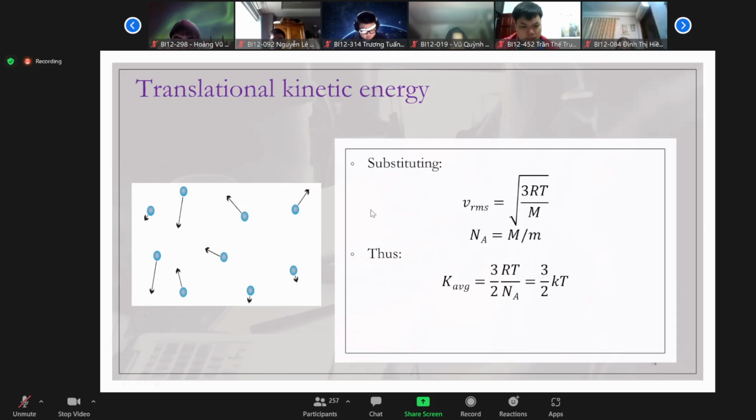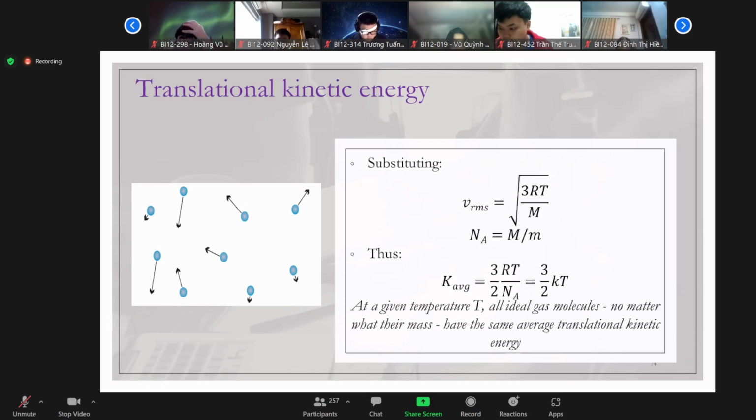We can express the translational kinetic energy like this one. Remember, this ratio R over NA is actually the Boltzmann constant. Then you can rewrite the translational kinetic energy as an expression of the Boltzmann constant.